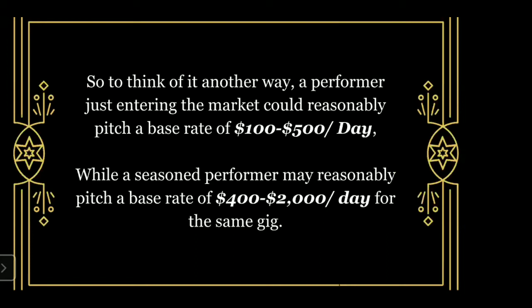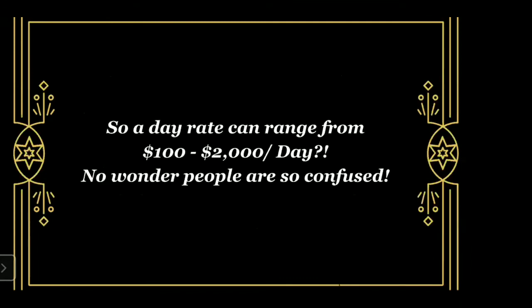And so this is already where we start to see the concept of underbidding, undercutting, undervaluing ourselves. When it's really, we all truly have different expenses and different values based on our time. So the day rate, again, is between $100 and $2,000. And this is really why people are so confused.